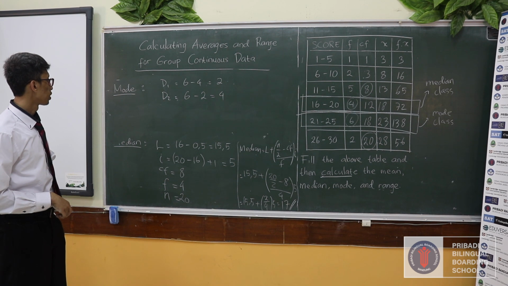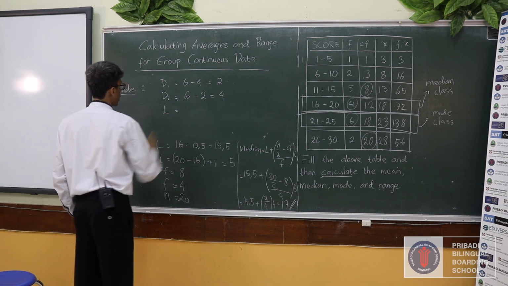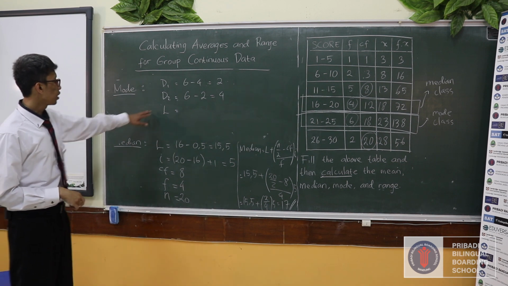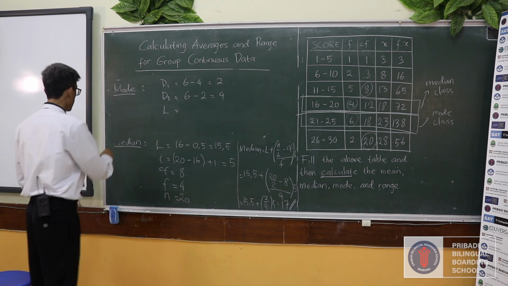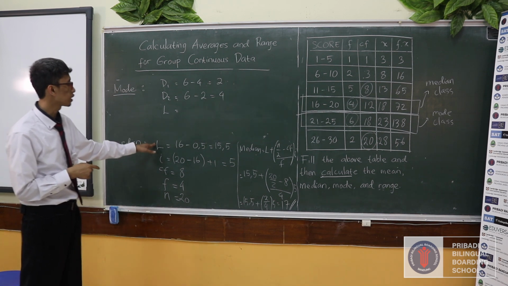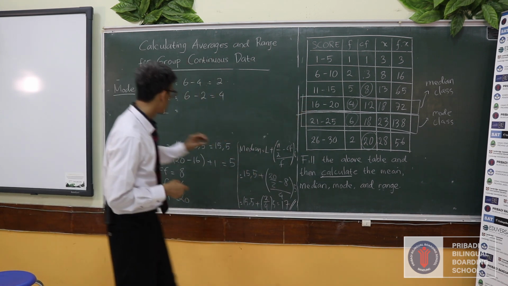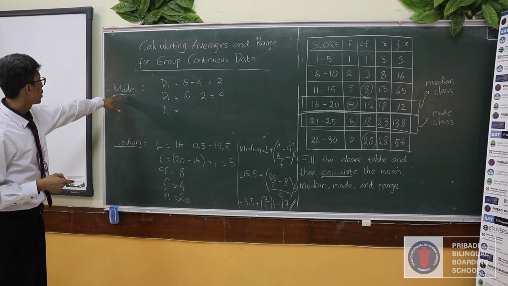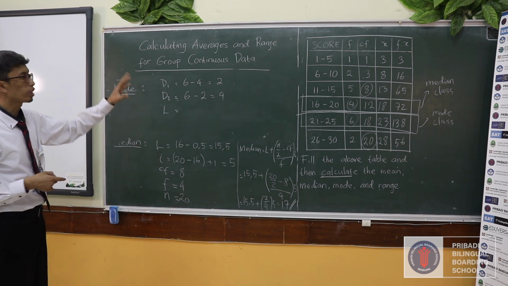Okay, and then the last information we need is L. This L is different from the capital L, because in that case we were talking about the median, so we considered the lower boundary of the median class. But in this type of average, we are going to find the lower boundary of the mode class.